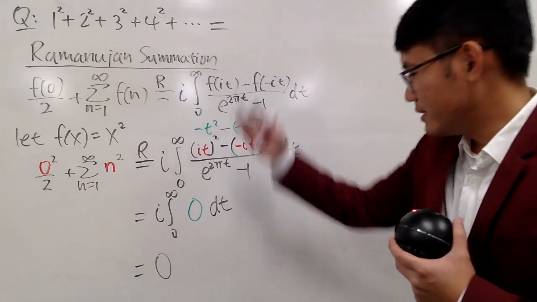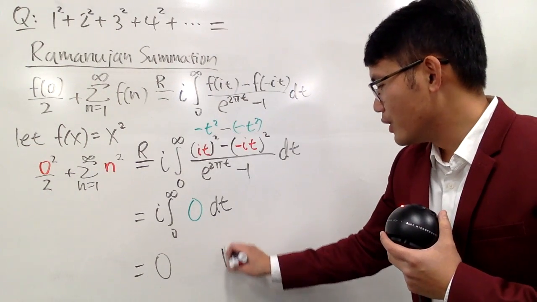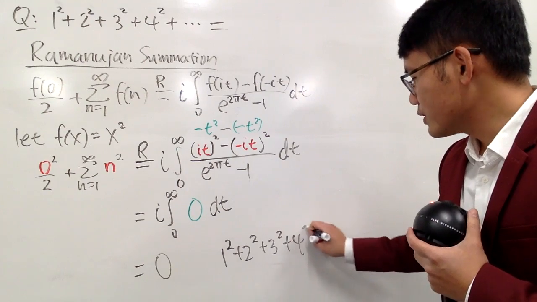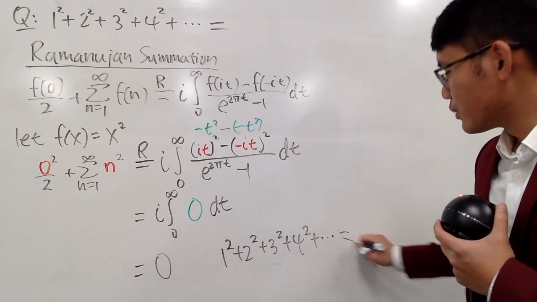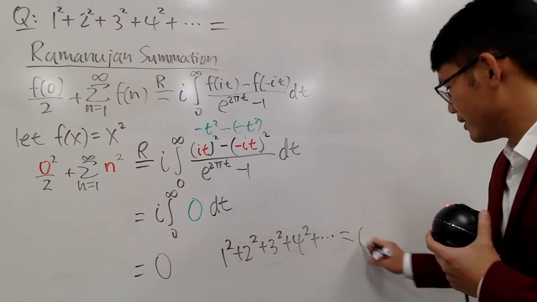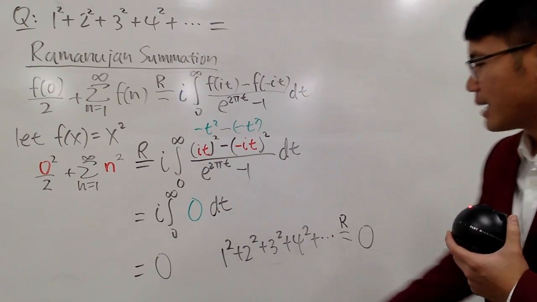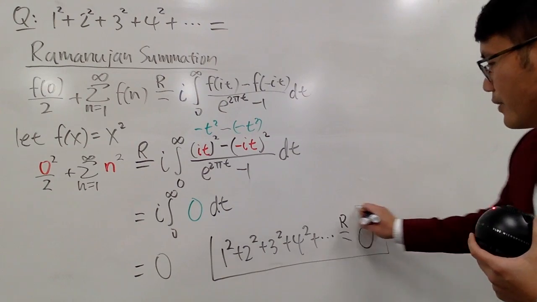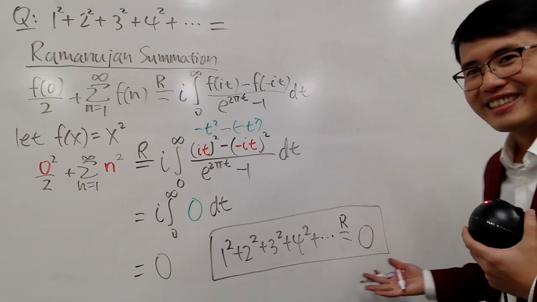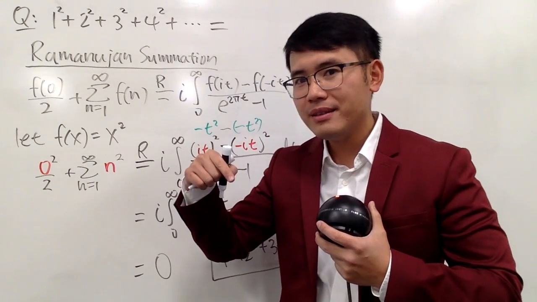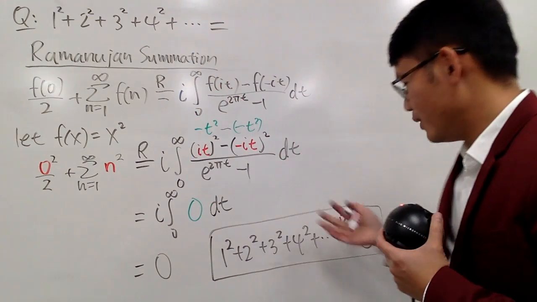We conclude that based on Ramanujan's formula, 1 squared plus 2 squared plus 3 squared plus 4 squared plus dot dot dot, this right here, it's just equal to 0. And when you do this, you can put a little R here on the top. Just like that. So yes, the sum of n to an even power will be 0.